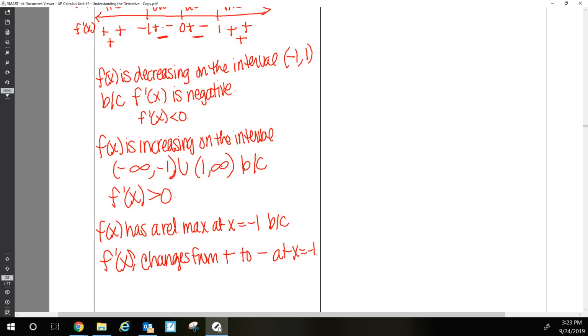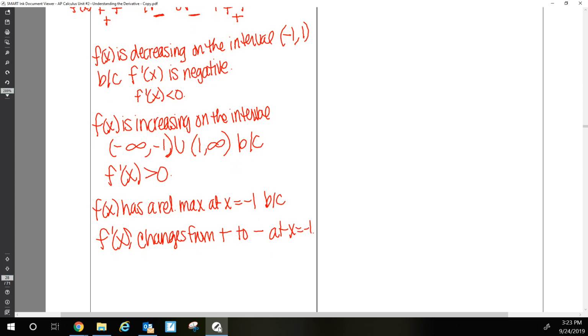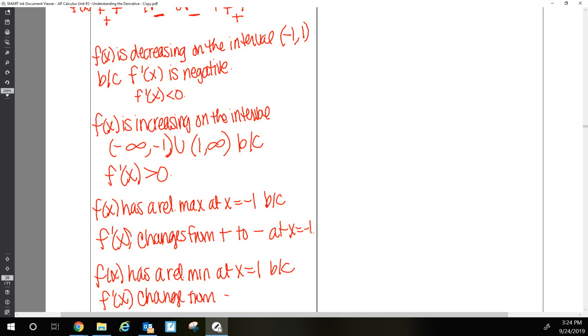And then for our minimum, that's occurring at 1. So we can say f of x has a relative minimum at x equals 1, because f prime of x, this time, changes from negative to positive at x equals 1.